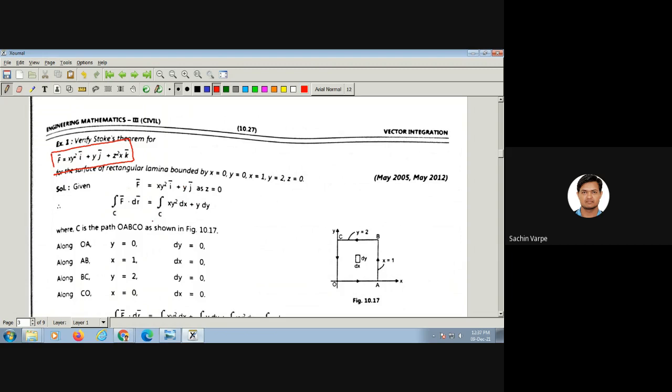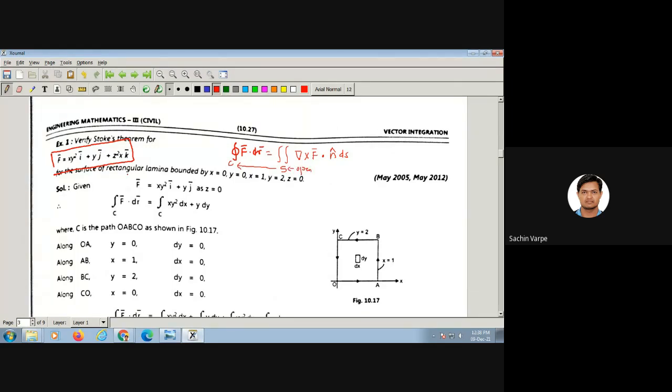To verify the Stokes theorem, we need to verify that the line integral of f bar dot d r bar over the closed curve C is nothing but the surface integral of the normal component of curl of f bar, that is del cross f bar dot n cap ds over the surface S, which is bounded by this closed curve C, and that S must be an open surface, right?